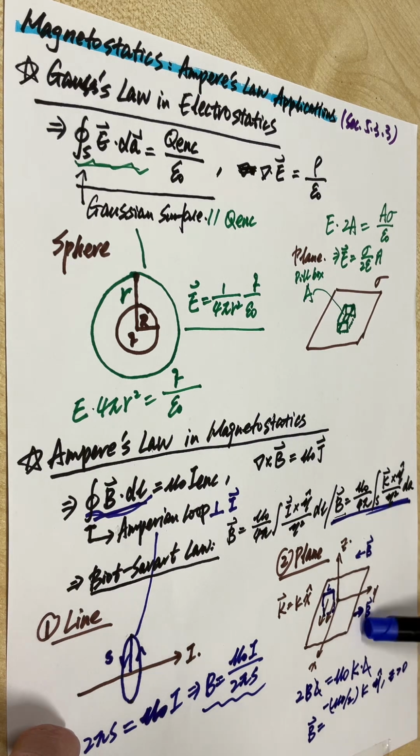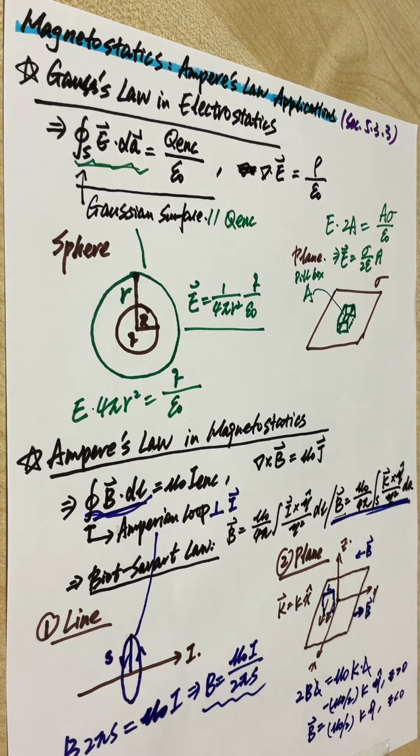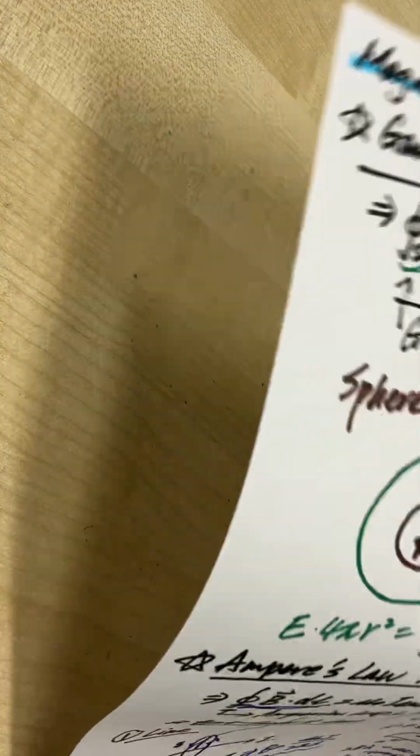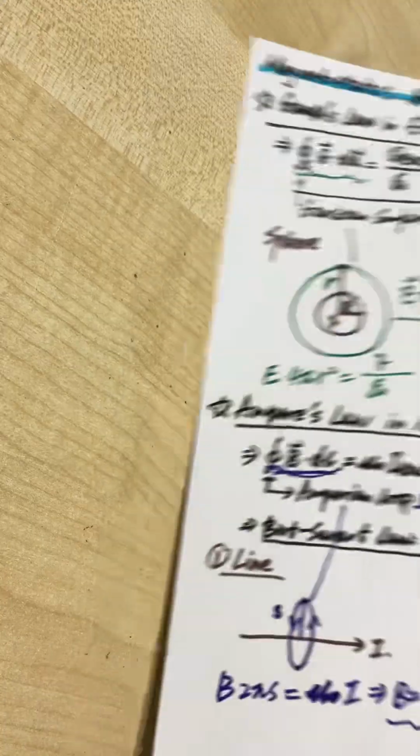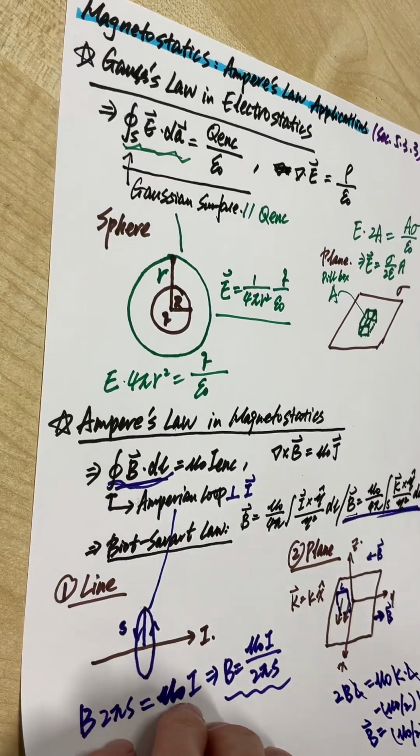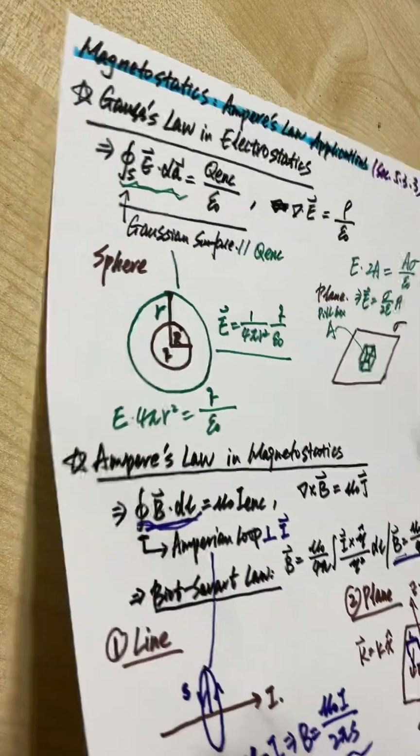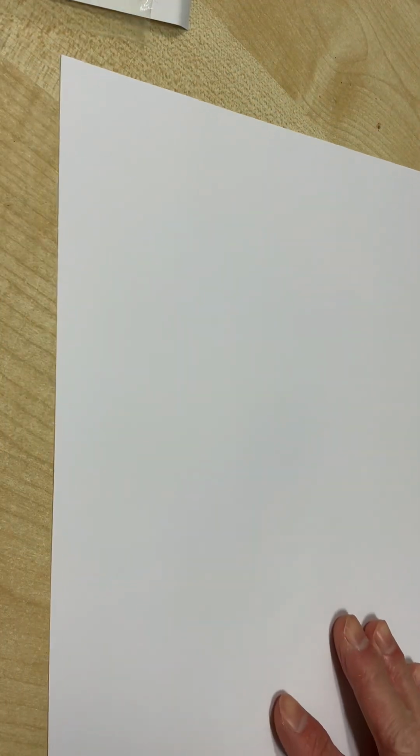And for any point below the plane, we have mu 0 divided by 2 K y, so this is z smaller than 0. Okay, we have 2 more examples to look at. I hope this is very clear now.